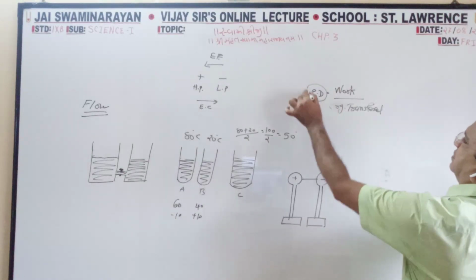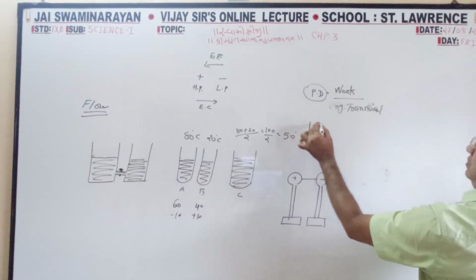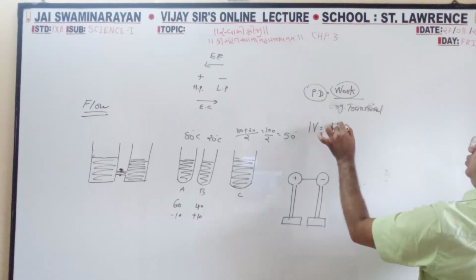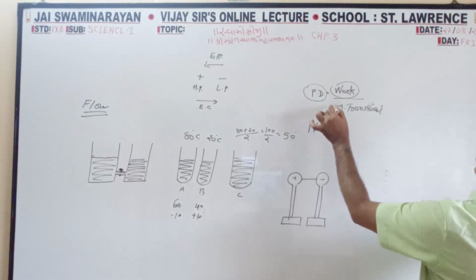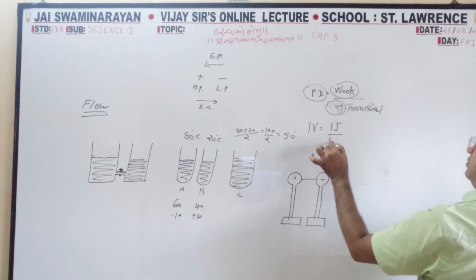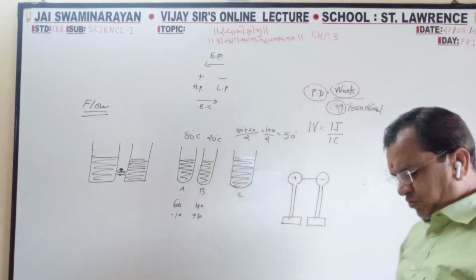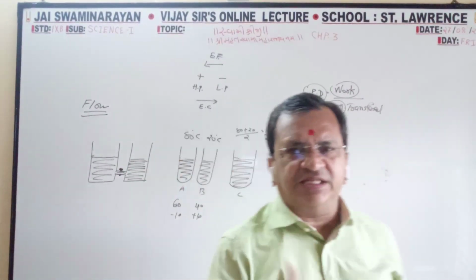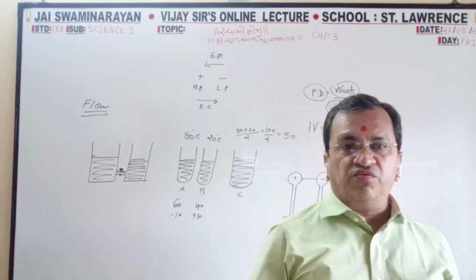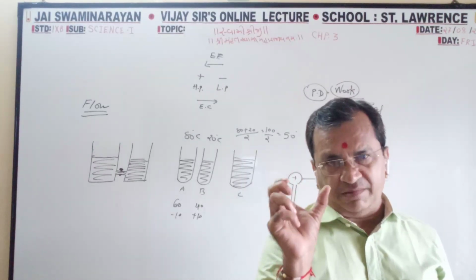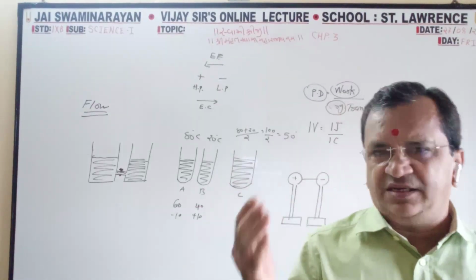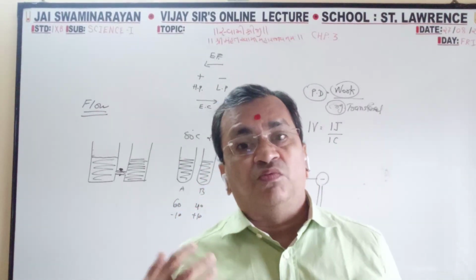For potential difference we use the unit volt. For work we use the unit joule. For charge, coulomb. Generally we identify a battery by its volt number.